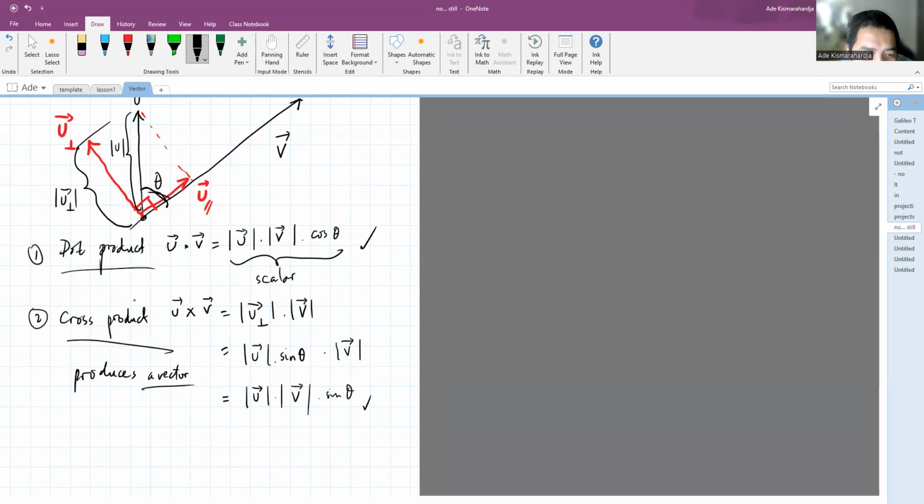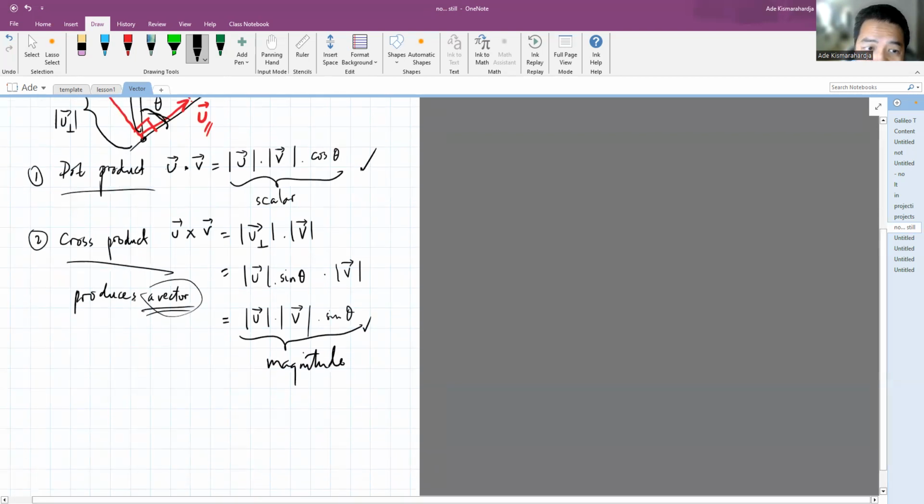Now remember, a vector is a quantity that has two things: a magnitude and also a direction. We have the magnitude here already, which is the magnitude of vector U times the magnitude of vector V times sine theta. But how can we get the direction of U cross V?